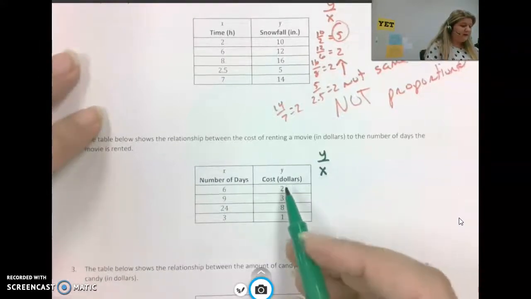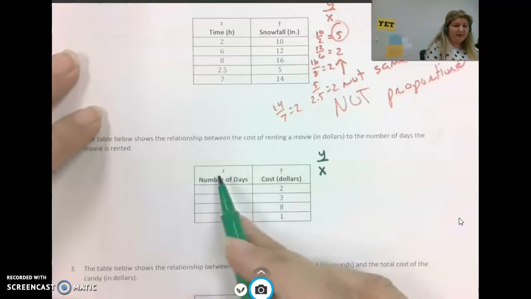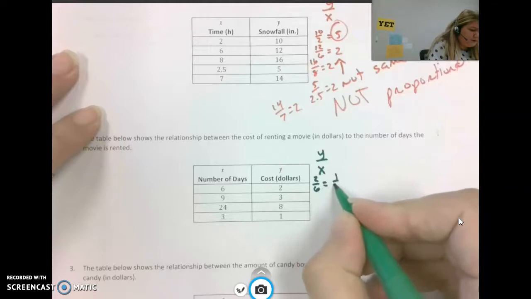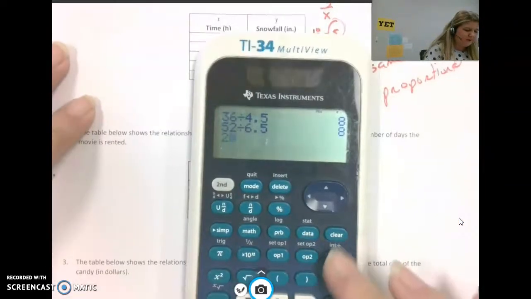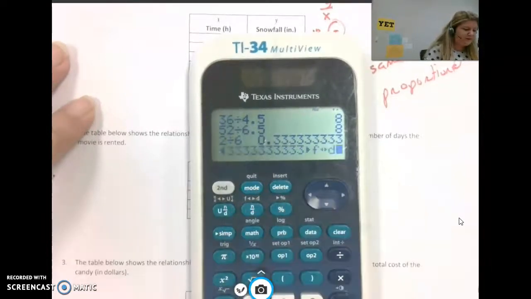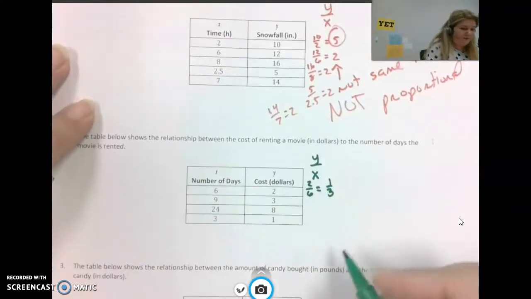All right, so I'm going to do my cost divided by my number of days. In other words, my y divided by x. So this will be 2 divided by 6, which is 1/3. Now, if I wanted to, I could use my calculator and get 0.3 repeating, which is 1/3. I prefer to leave it like that myself.